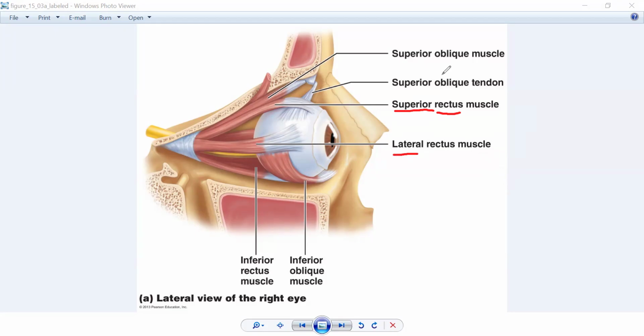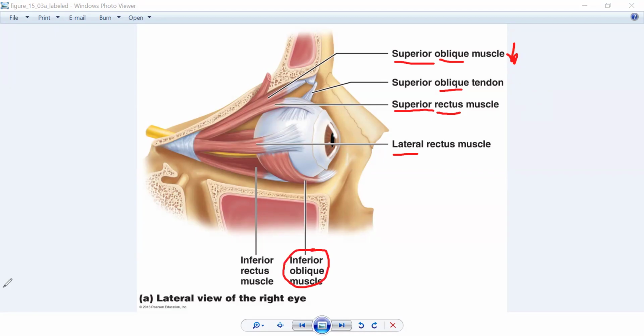However, if you have oblique in the name of the muscle, it's actually moving in the opposite direction. So like superior oblique actually moves the eye down and then to the side. So let's try to draw a little down arrow. Whereas the inferior oblique will actually move the eye up.